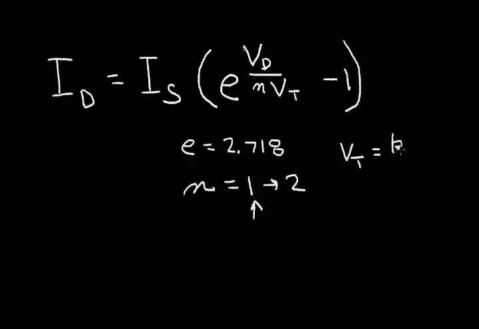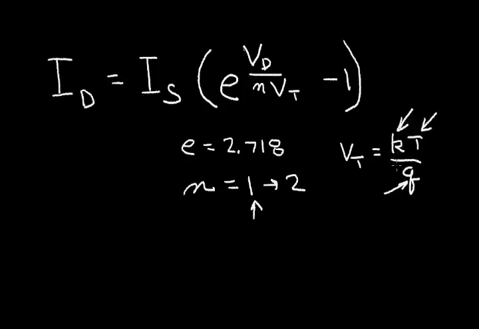Now the V sub T term is called the thermal voltage, and it's equal to kT divided by q. And k is Boltzmann's constant, T is the absolute temperature in degrees Kelvin, and q is the charge on an electron.